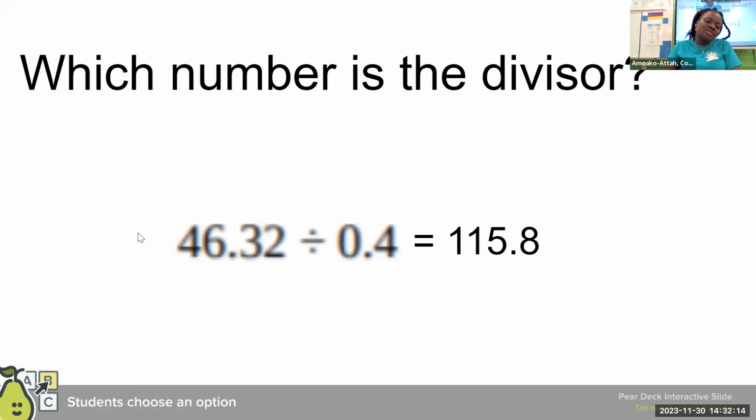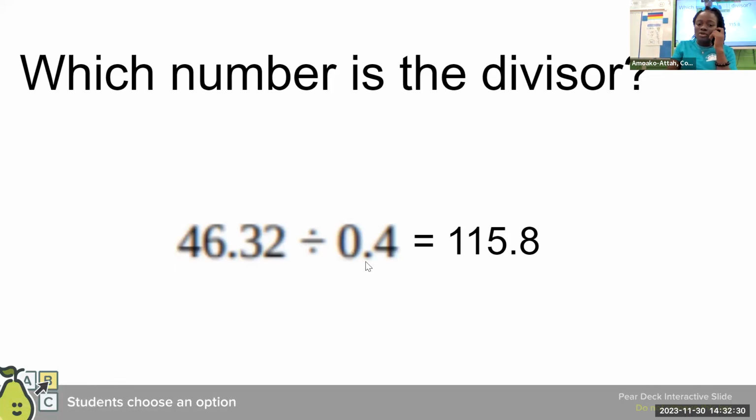So for example, in this problem as well, which one is a divisor again? Good. So the 4 tenths is a divisor, and the 46 and 32 hundredths becomes a dividend.